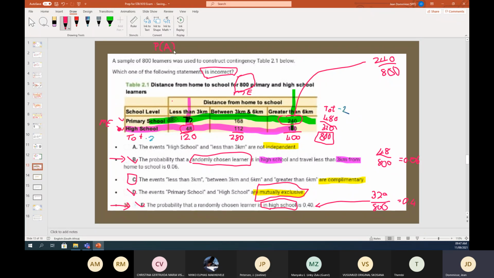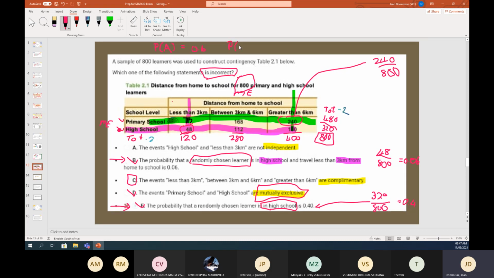If I know the probability of A is 0.6, I know that the probability of the complement of A is 0.4. And how did I get to that? Basically 1 minus the 0.6. So the complement is always the rest of. So if the probability of A is 0.6, the probability of not A is 0.4.